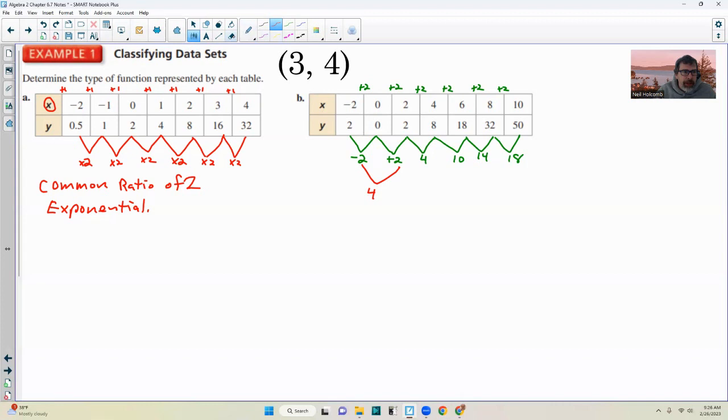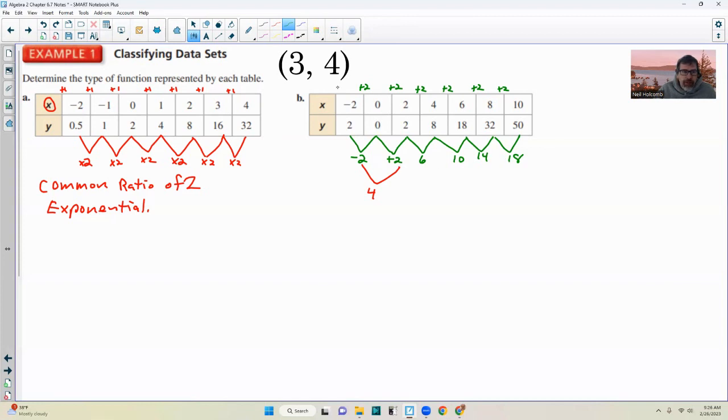Oh, I made a mistake here. This is 6. I just saw 2 plus 4 is not 8. So let me go back and change my color back to green. This is a difference of 6. So this went down 2, and this went up 2, up 6, up 2. Or from 8 to 18 is 10, 18 to 32 is 14, and 32 to 50 is 18.